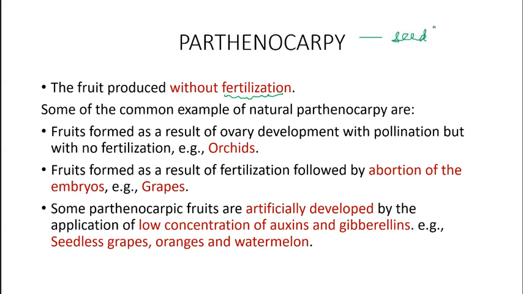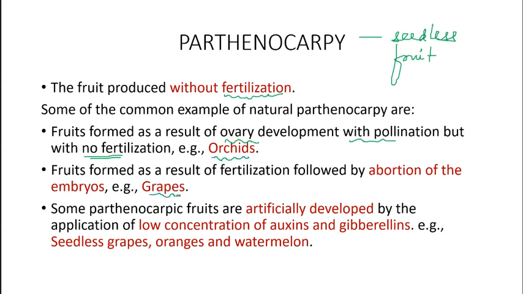Fruits are formed as a result of ovary development, where there will be pollination but no fertilization. That means there will be growth of the pollen tube, but no fusion of male and female gametes. It is seen in orchids. In grapes, it is seen that the fruits are formed even though fertilization still occurs.